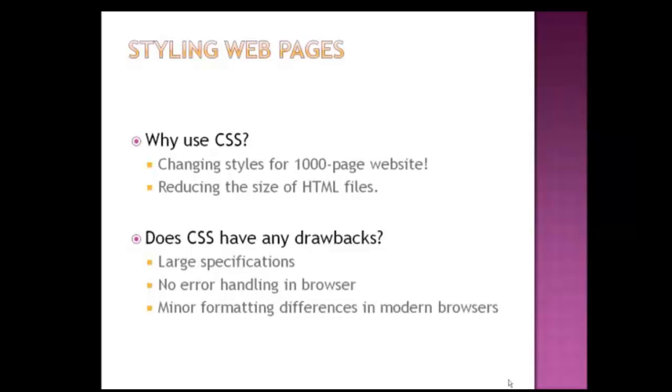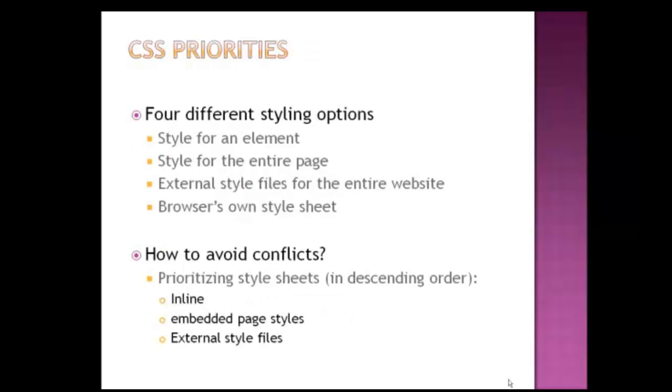Cascading style sheets essentially are really good because they cascade different types of styles that we apply. There are 4 different levels at which these styles can be applied to your web documents. You can use the style attribute within one single element to apply its own style, or you can use the style element in a global style tag within the head element of your page, and apply the styles to the entire page.